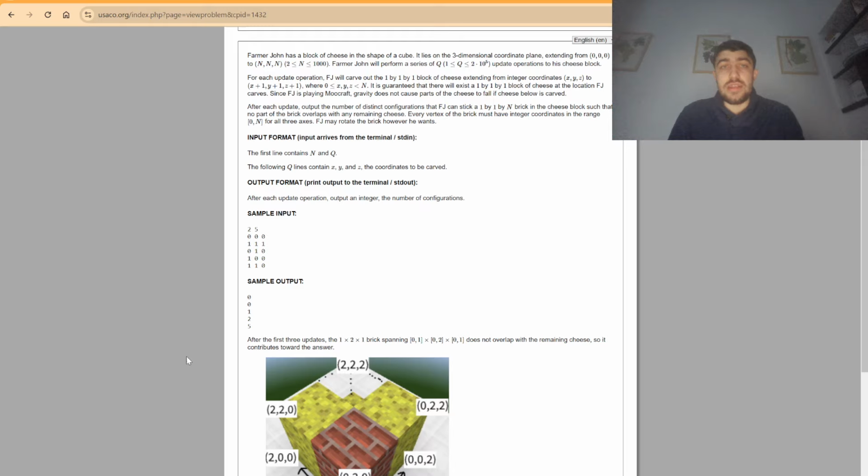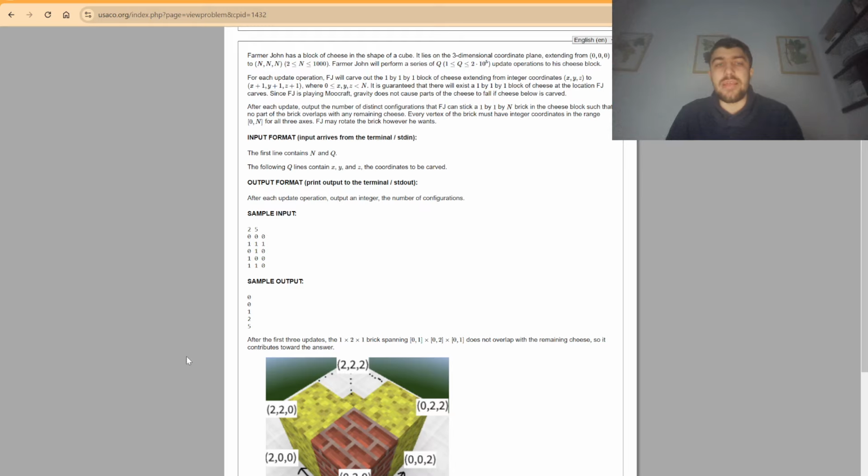And given that we have these additions, we need to be able to find out at the end of each day how many ways we can actually stick one by n brick in such a way that the given brick doesn't overlap with any of the cheese remaining. And we are given the size of the cube, the number of queries, and after each query we need to update the answer.